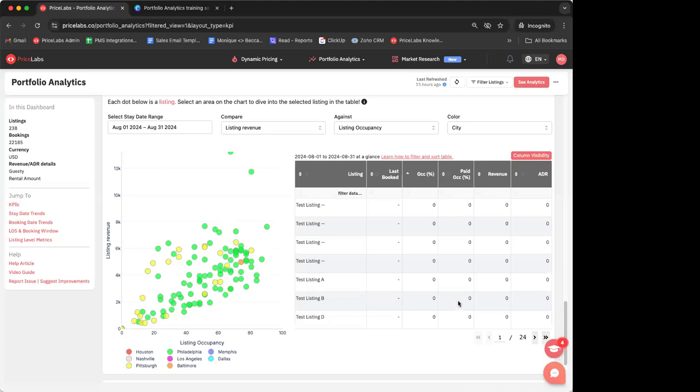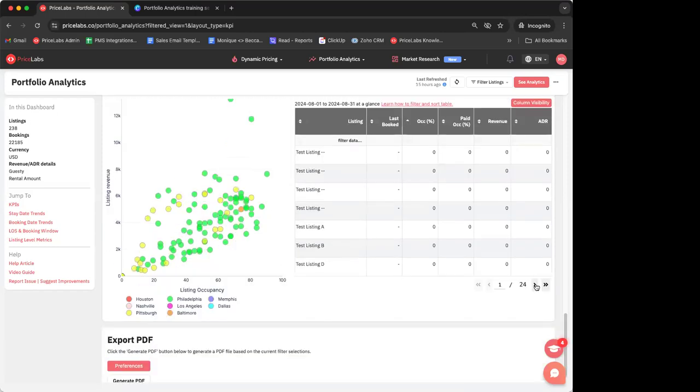Like I said earlier in the webinar, we look at both total occupancy and paid occupancy in certain areas, along with the revenue and your ADR. You also have the ability to add a couple of things like pickup, market occupancy, and the number of bedrooms. So really helpful for identifying under or overperforming listings when you are managing a large portfolio.